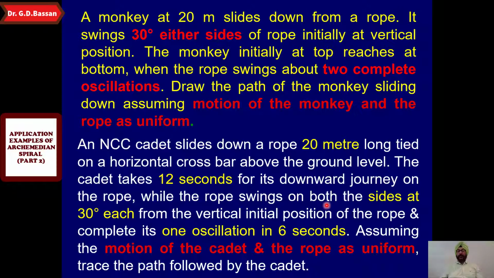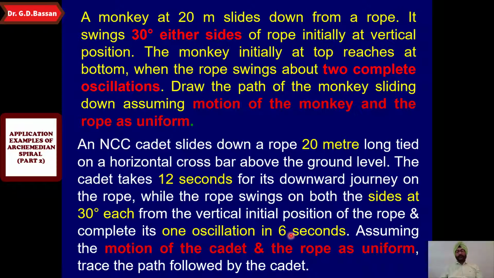While the rope swings on both sides at 30 degrees each. So while the cadet is moving downward uniformly, the rope swings on either side at a 30 degree angle with the vertical initial position. And here it is also given that the rope completes one oscillation in 6 seconds. Now what is a full oscillation?